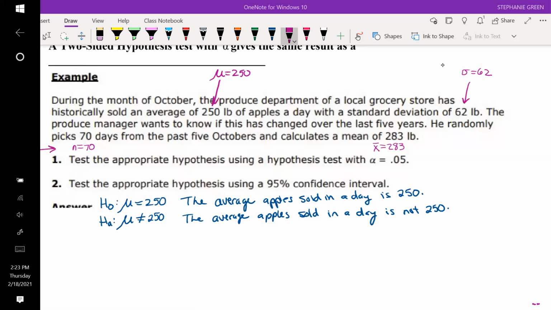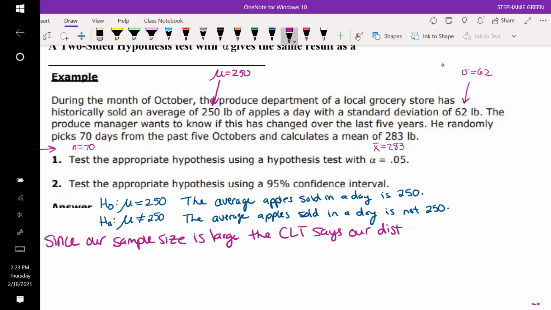All right, so like I was saying, since our sample size is relatively large, greater than 30, we can say that this is approximately normally distributed based on the central limit theorem. So since our sample size is large, the central limit theorem, CLT, says our distribution should be normal.